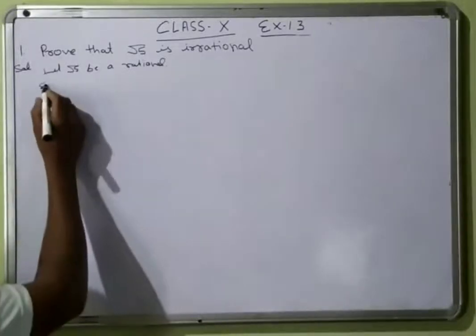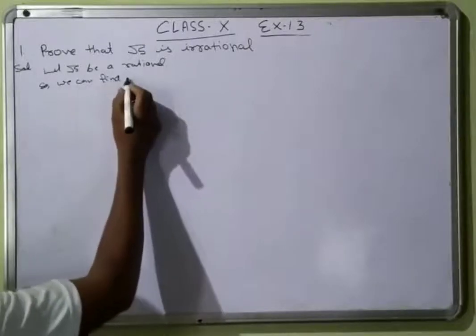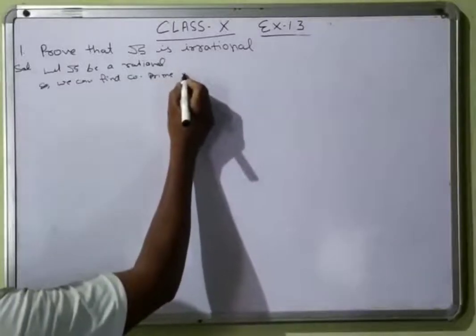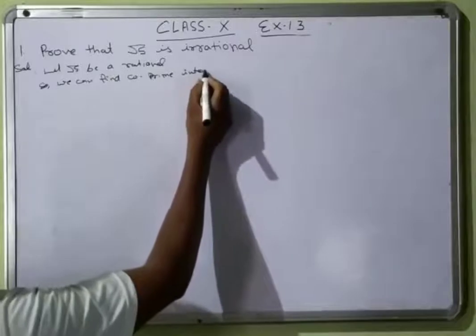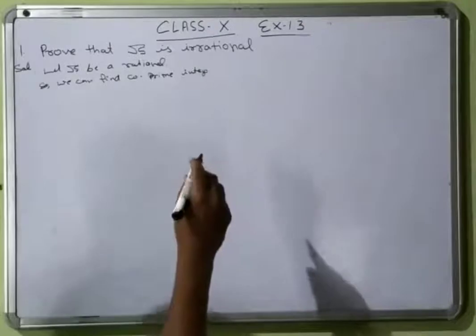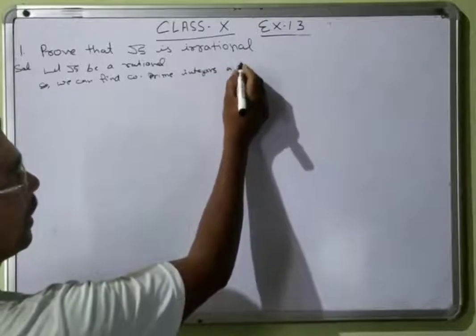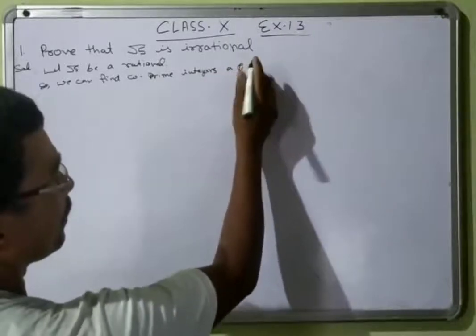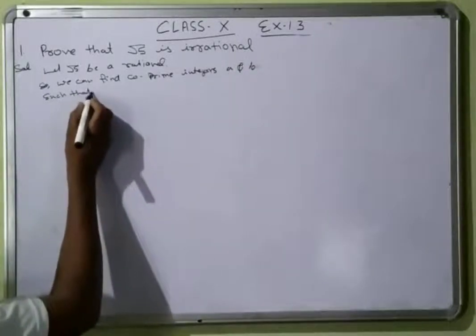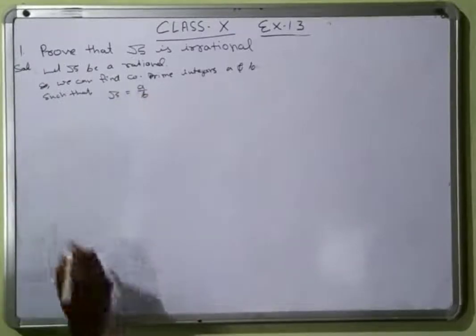So we can find co-prime integers a and b such that root 5 is equal to a upon b.